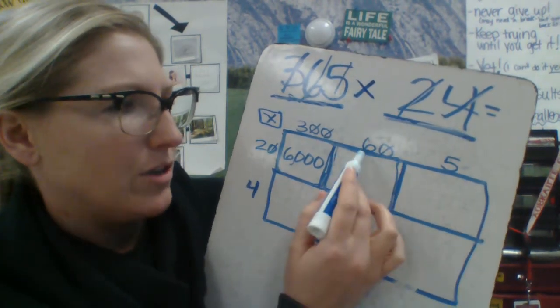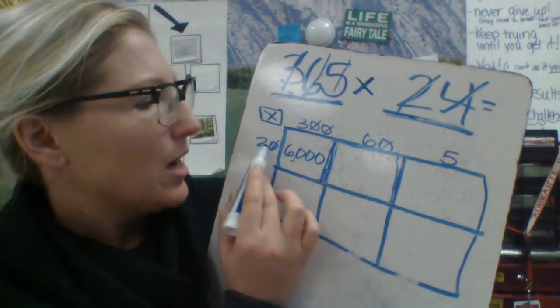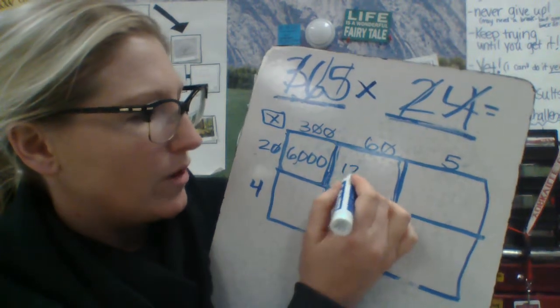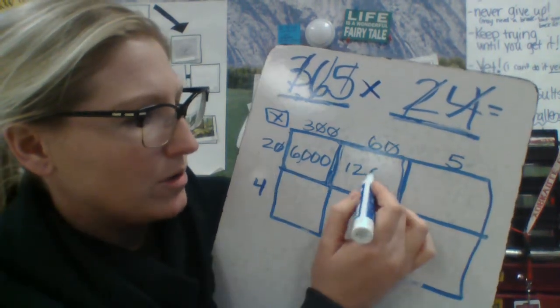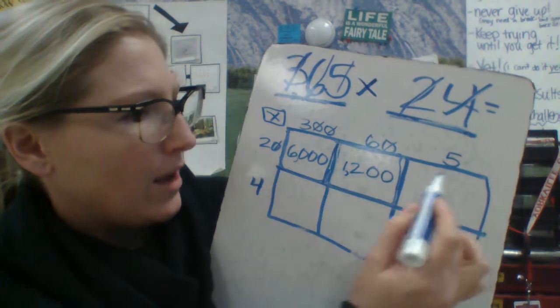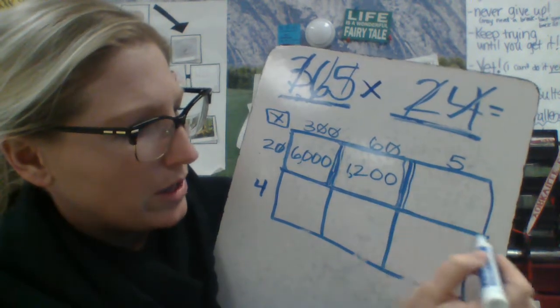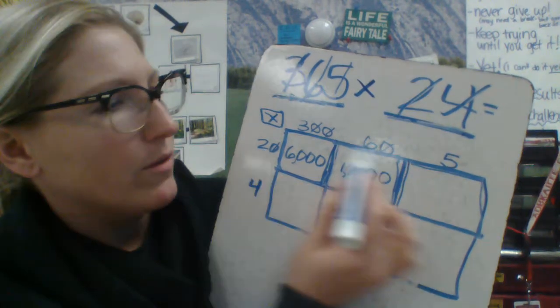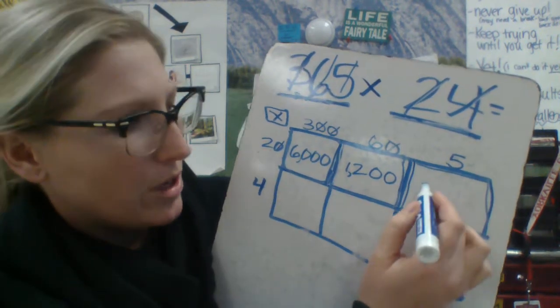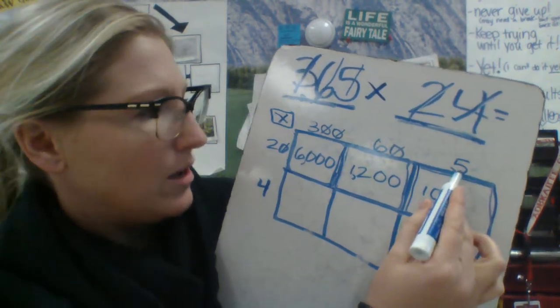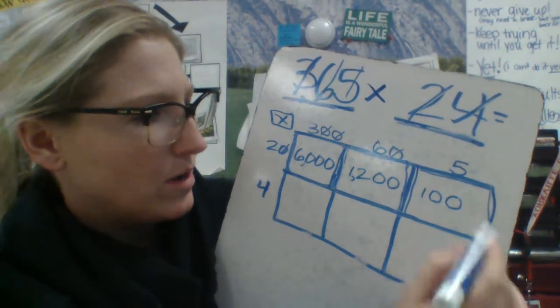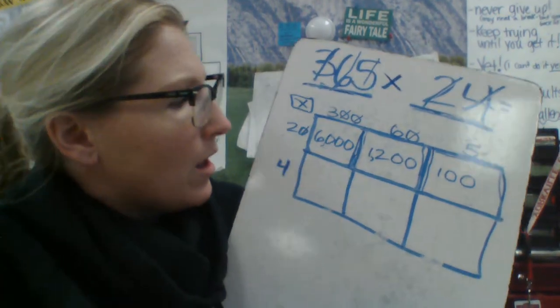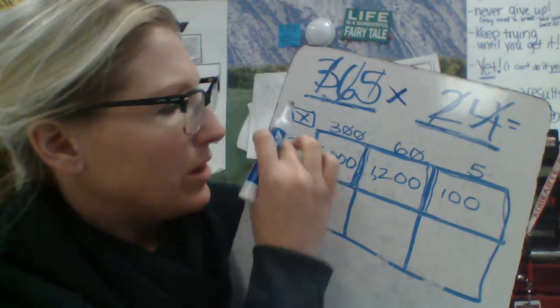So again, we take off the 0. I'm focusing on 6 times 2, which is 12. And then I took off 2 zeros, so I'm going to put those back on. And lastly, we're working here with 5 times 20, or 5 times 2, which I know is 10. And then I have to put that 0 back on. So now I'm done with this row.